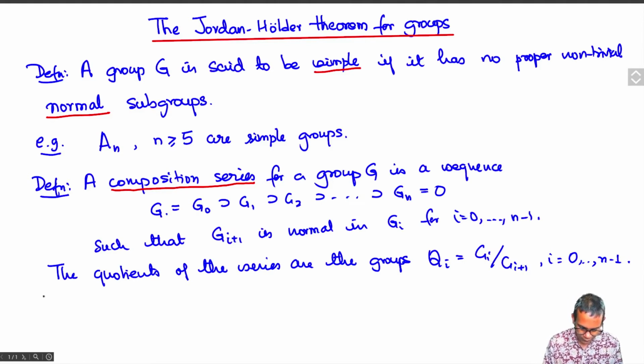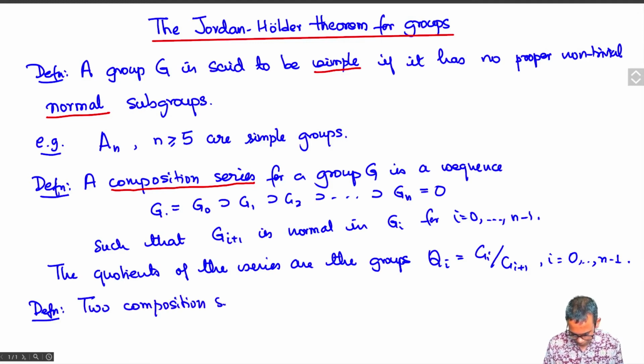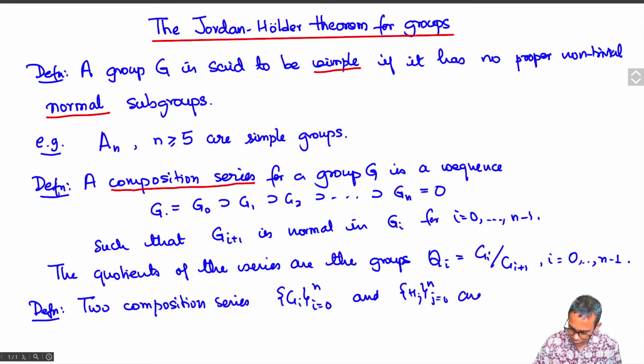And now we can also define equivalence of composition series. So we'll say that two composition series G_i, i equals 0 to n, and H_j, j equals 0 to m, are equivalent, and this definition is identical to the definition in the case of modules.